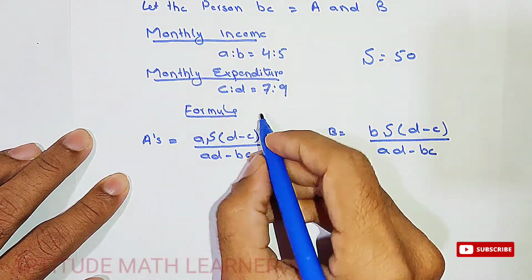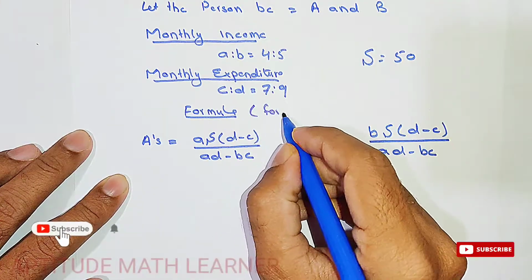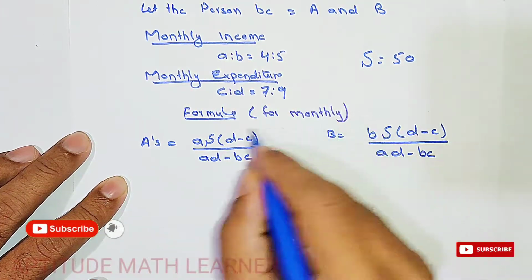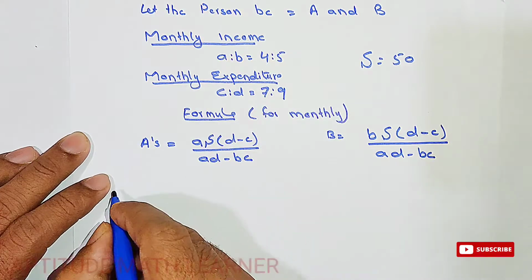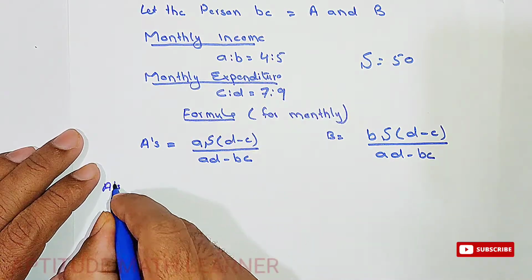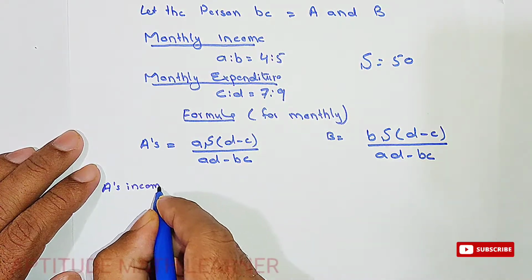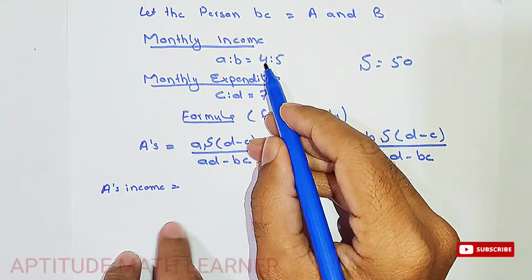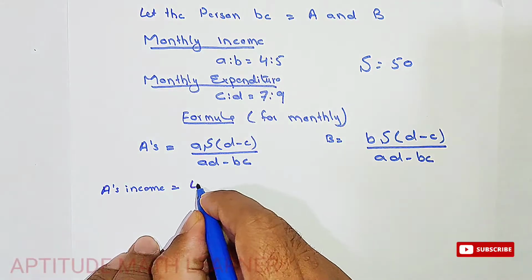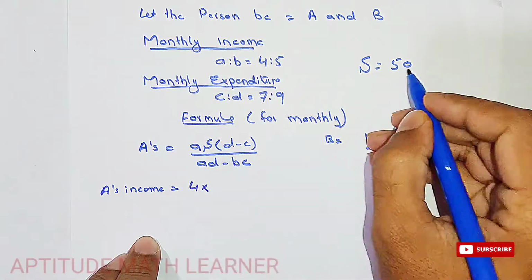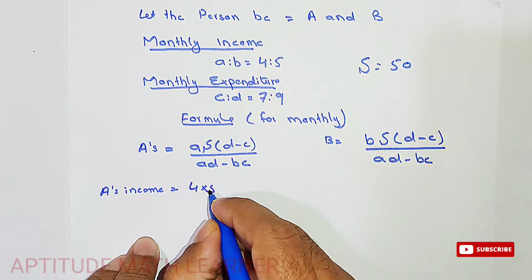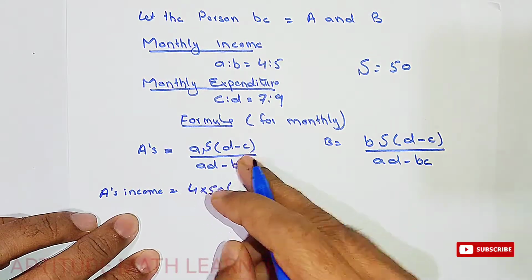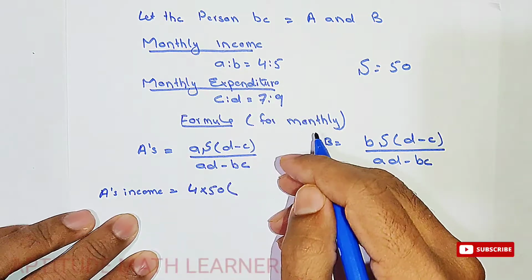To find out the monthly incomes, here we are having A's income. What is the value of A? The value of A is 4. So 4 multiplied by the savings, 50, and D minus C, that is 9 minus 7.